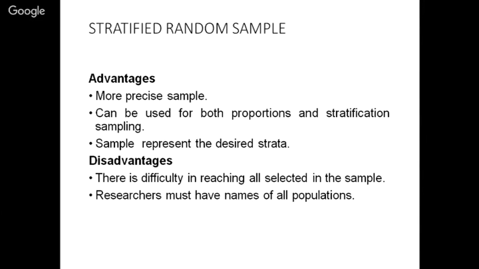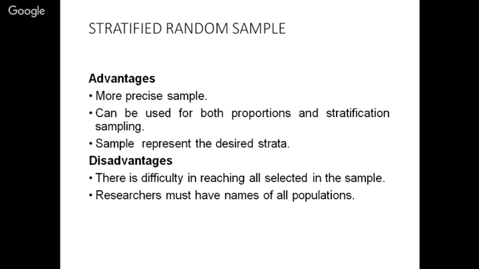It can be used for both proportionate and disproportionate sampling, and accuracy is maximum if the strata formed are homogeneous within the strata, and between the strata there are marked differences. The sample represents the desired strata, and it also reduces the time and expenses of the researcher.